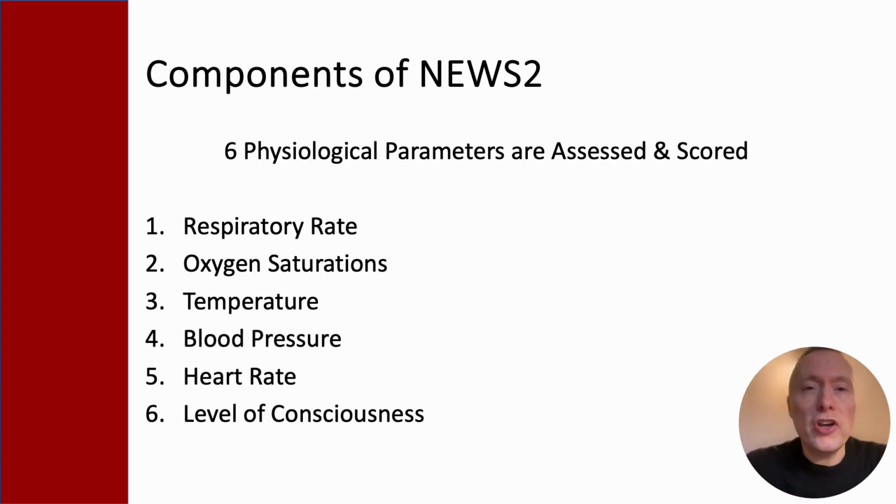So what are the components of the NEWS score? There are 6 physiological parameters which are assessed and scored. These include the respiratory rate, the oxygen saturations, so how much oxygen is in the blood, the temperature, the blood pressure, the heart rate, and also a level of consciousness.